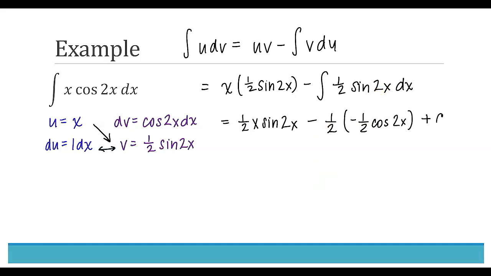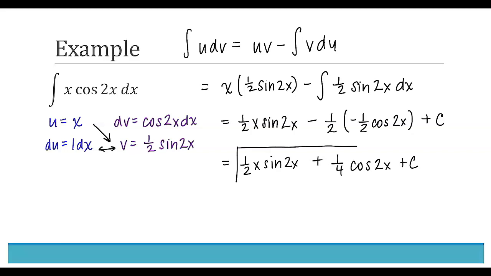And then this is an indefinite integral, so we'll have our plus c. So here we'll multiply this together. I have 1/2 x sine 2x plus 1/4 cosine 2x plus c as my answer.